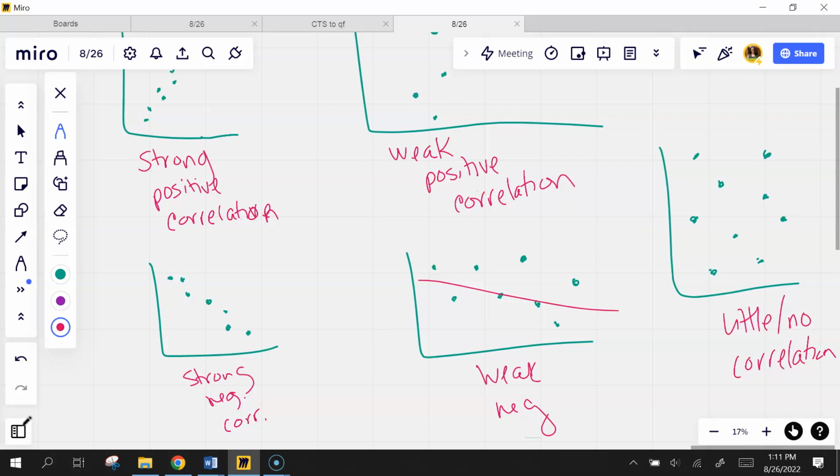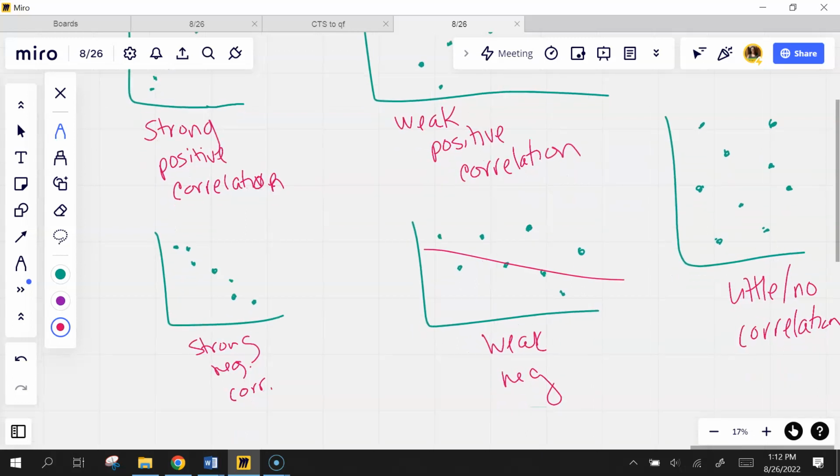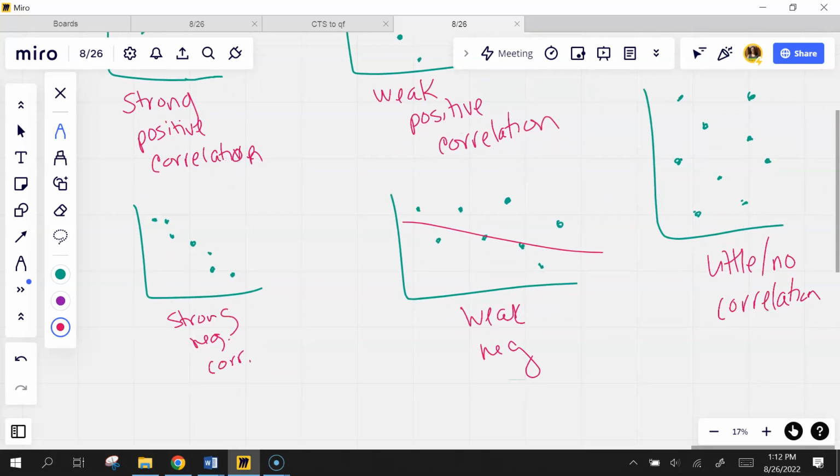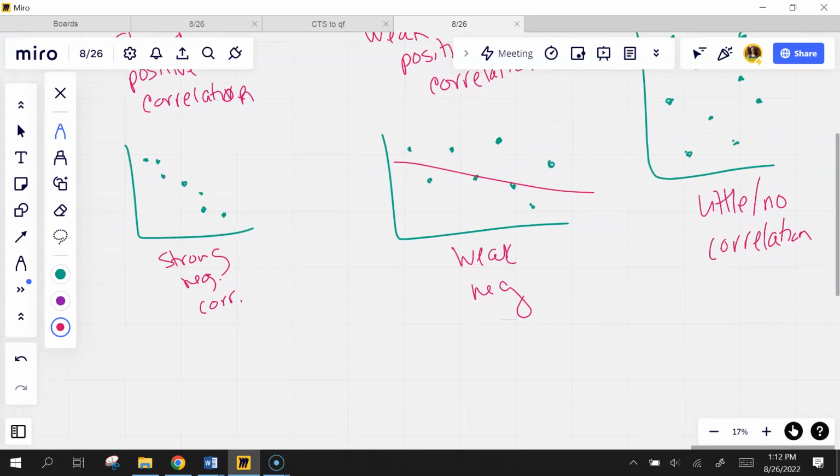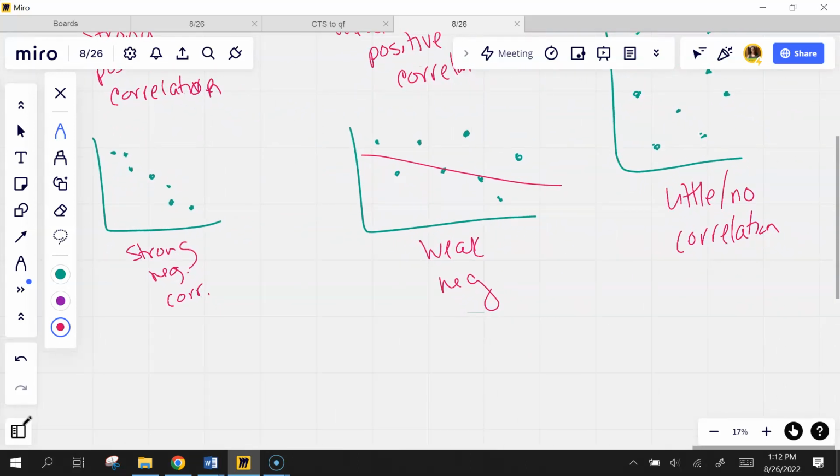Now, this should be a review from Algebra 1. You should have done correlation in Algebra 1. I hope you did anyway. If you didn't, it's a pretty easy concept, okay? When you calculate the linear regression, you may have noticed that we have what we call the linear correlation coefficient.